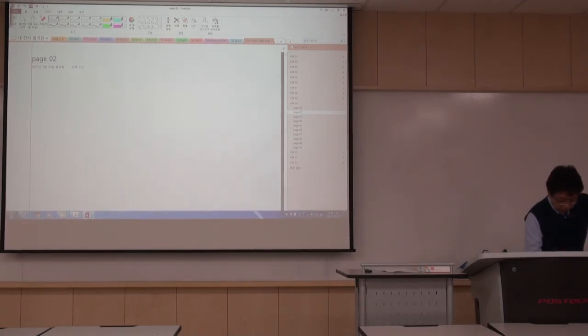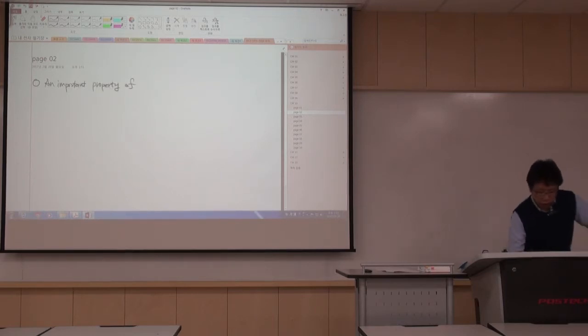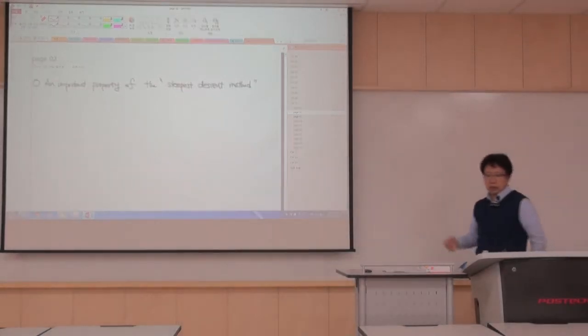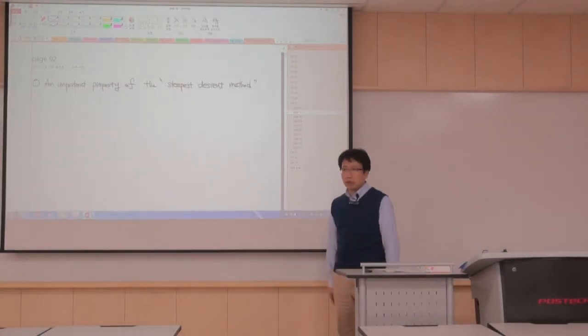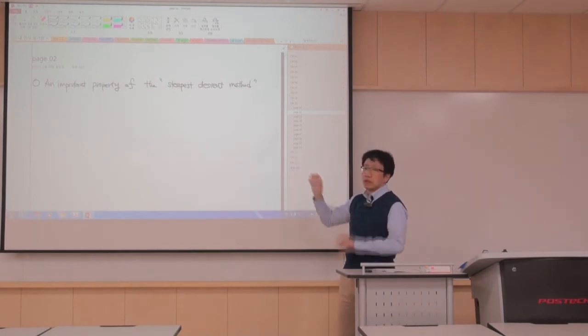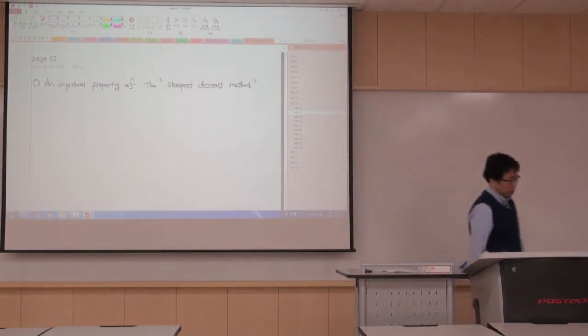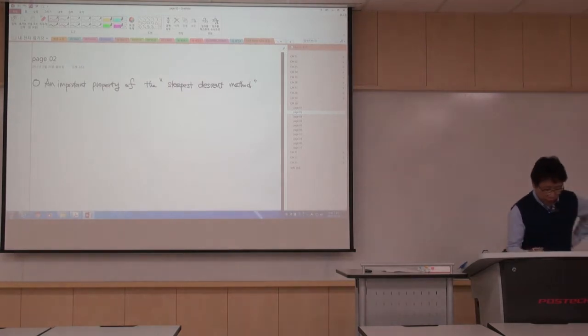So first, an important property of the so-called steepest descent gradient method or algorithm. What was that? By the way, steepest descent is one of the gradient algorithms. So gradient, that qualifier is missing, but it is given like this.